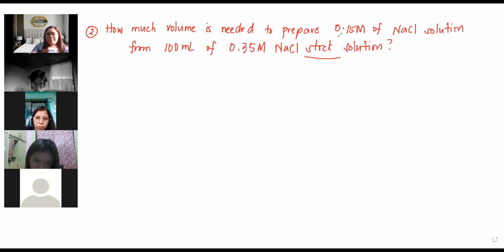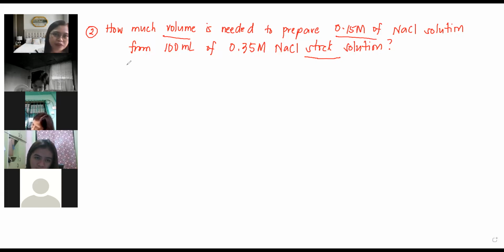So anong hinahanap? Volume. The concentration is already given. So kung sa laboratory pa ni class, tagaan tamog 100 ml na 0.35 M. And then ang inyuhang goal is to make a solution na iyahang concentration is 0.15 M. Now how are you going to do that? You just need to know the volume.